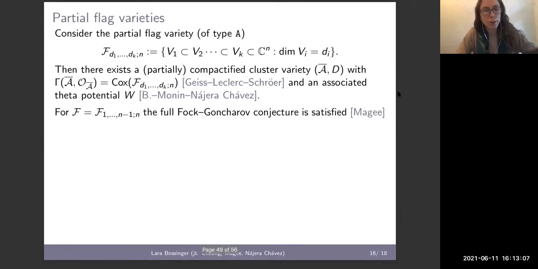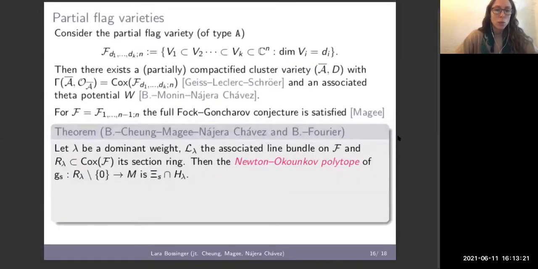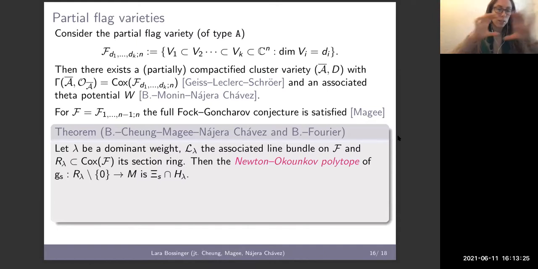If we now further go to the special case of the full flag variety, then Tim Magee showed in his thesis that the full Fock-Goncharov conjecture, so the stronger assumption for the theta basis to be a basis, holds. So we can apply again the g-vector valuation.